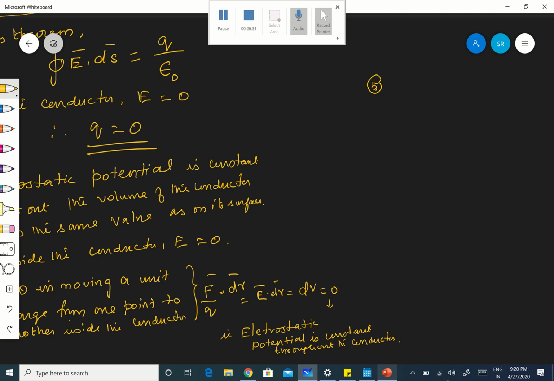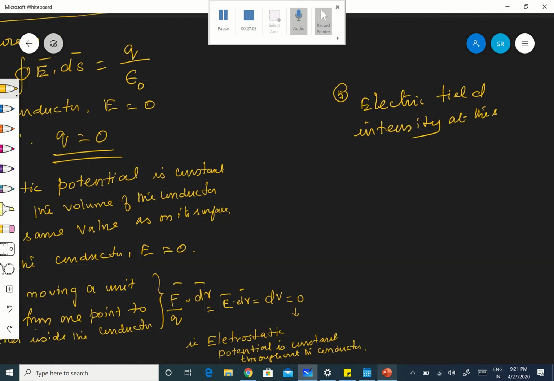Electric field intensity of a charged conductor at the surface of a charged conductor is, what is that? What is electric field intensity?